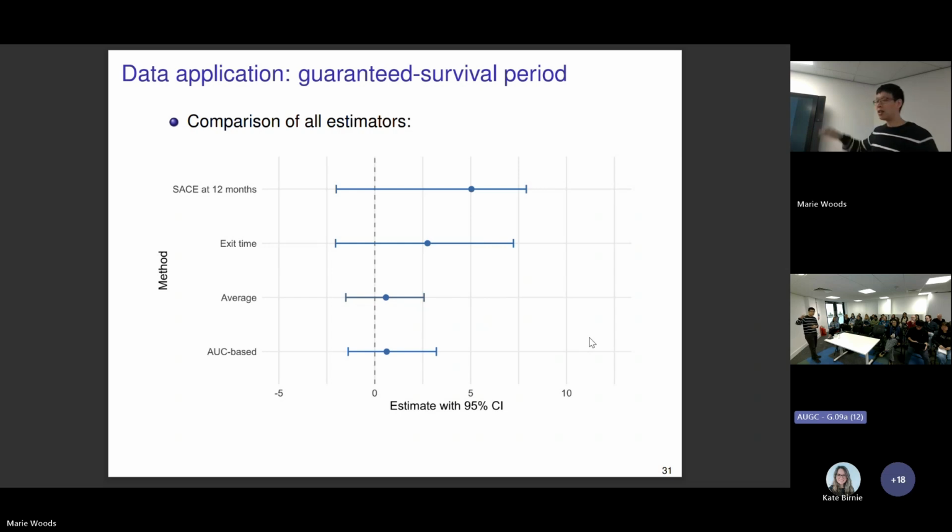Okay, and the next three will all be our marginal estimates, measured at different time points. This is if you only take the measurement, or if you only care about how they behave when they exit the study. So you can see that there's a significant decrease in the effect size that we estimate. And if you actually look at the average, you can see that this effect almost goes completely.